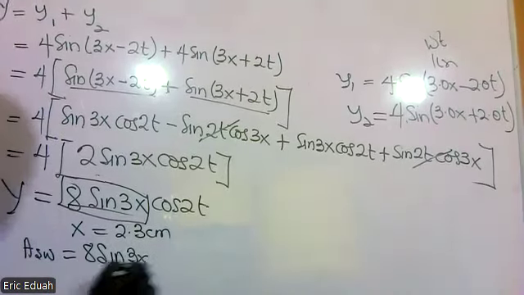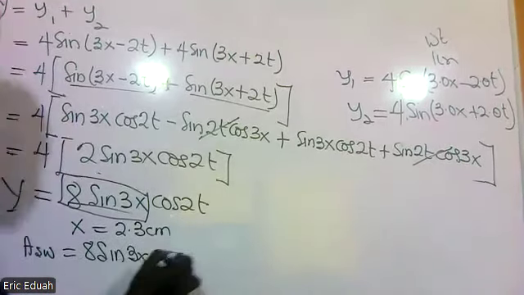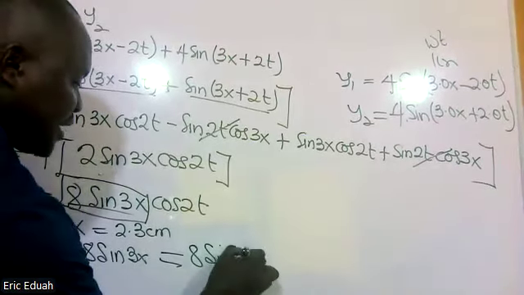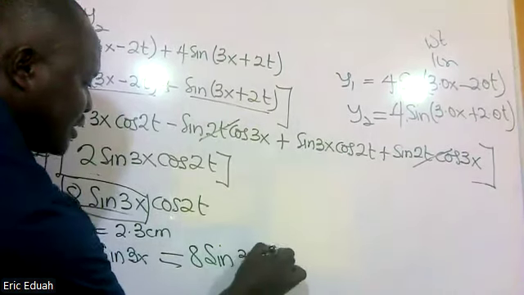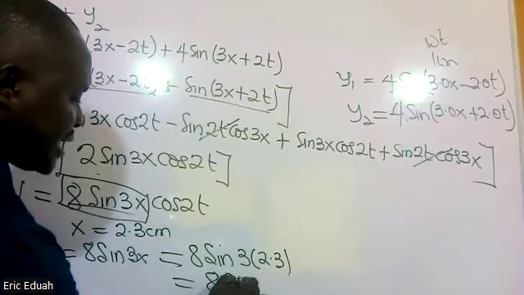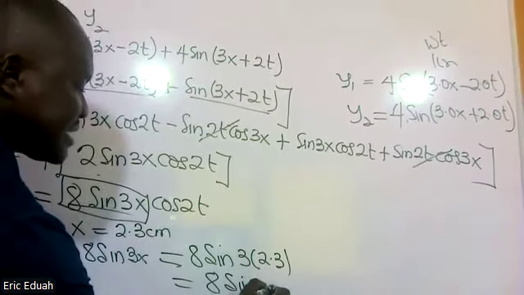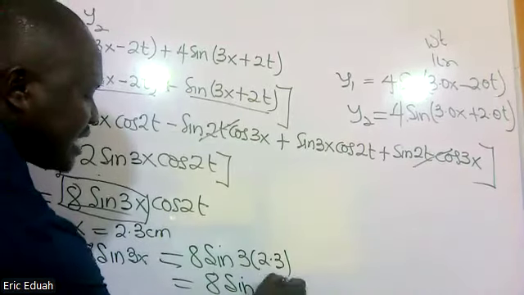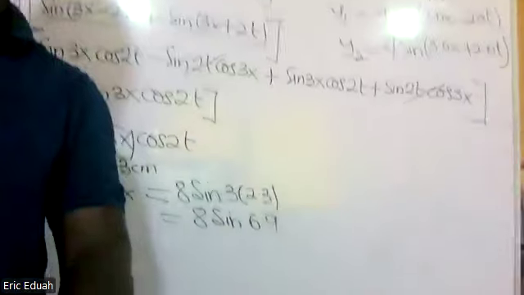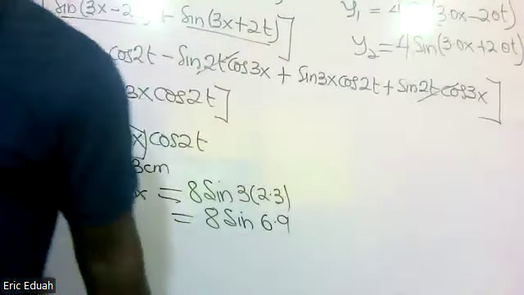So if x is equal to 2.3, you have 8 sine 3 times 2.3. So 8 sine 6.9. Now, how to punch this is very, very important.